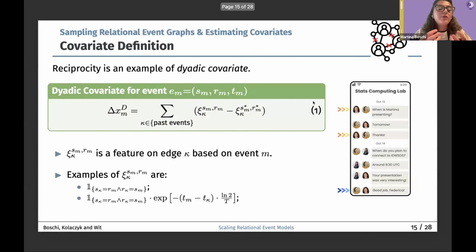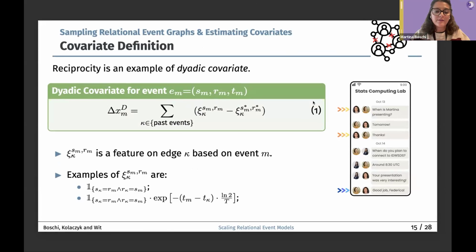Now that we have the modeling and the inference tool, we can define our general formulation for a covariate. As I said, reciprocity was an example, but can be seen as the sum over the previous history of events of quantities that you can check.